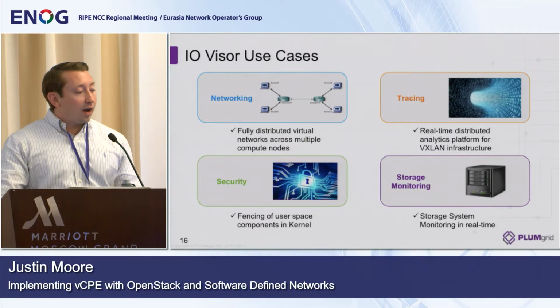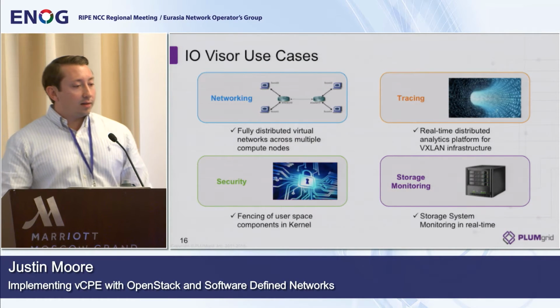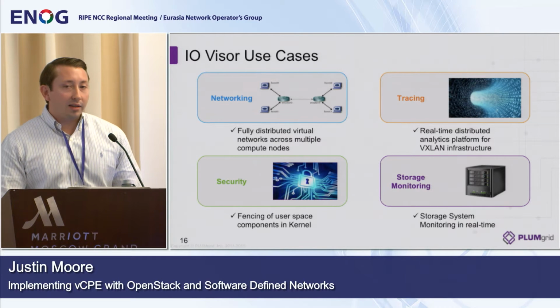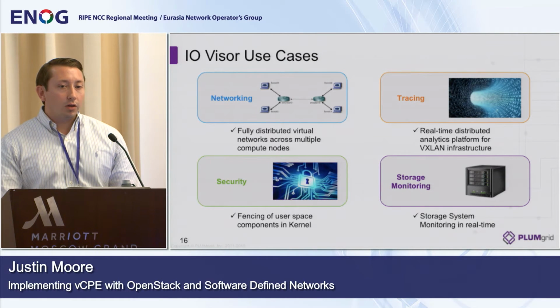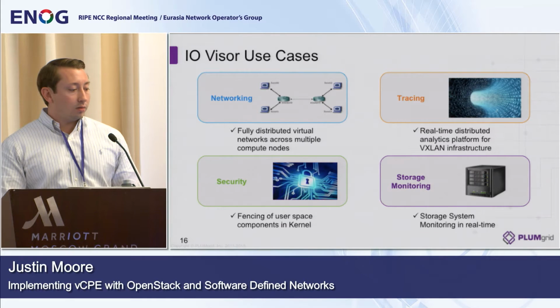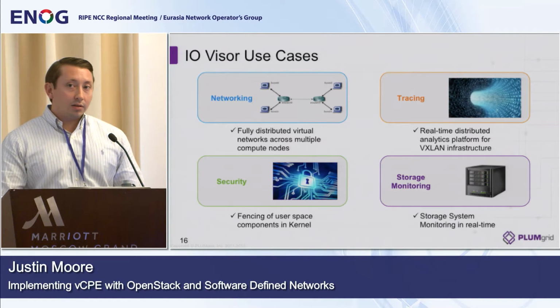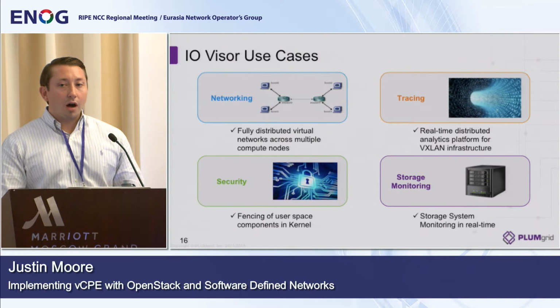So a couple of IO-Visor use cases. We've got some slides to discuss each one of these. As I mentioned before, it's not just about network function virtualization, but also about the tracing capabilities that are built into IO-Visor and eBPF, the programming framework inside of IO-Visor. It allows us to do things like security monitoring and enforcement.